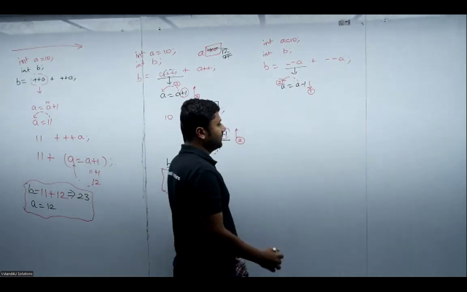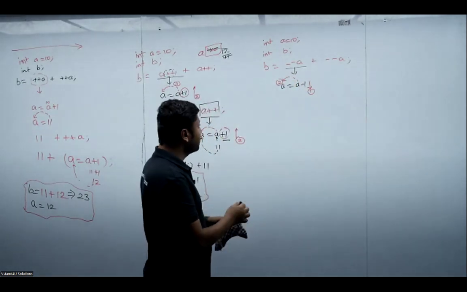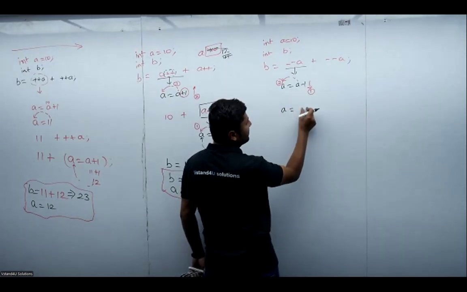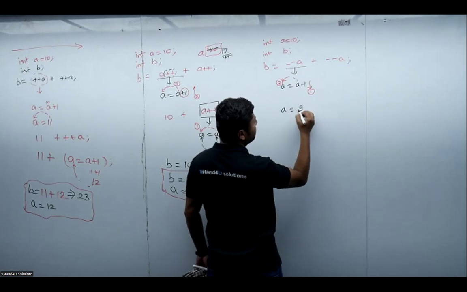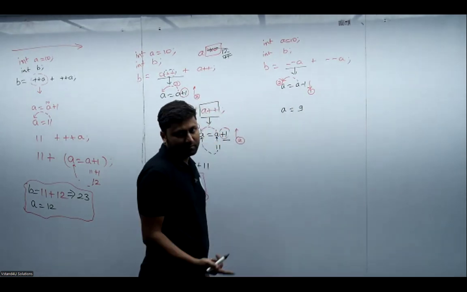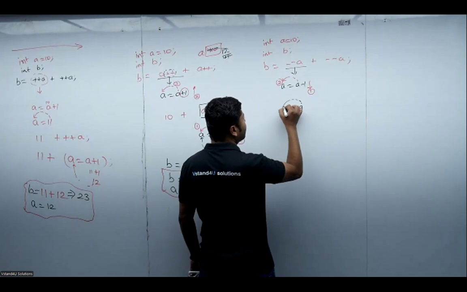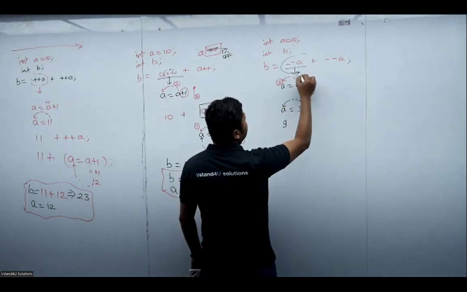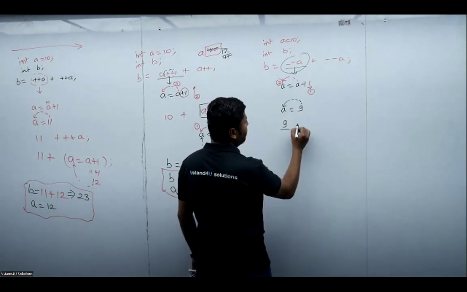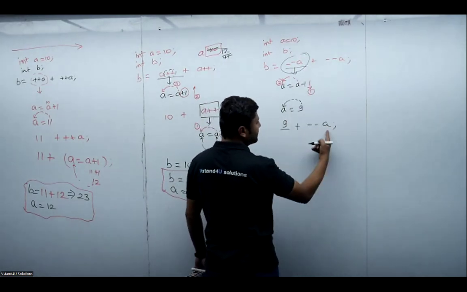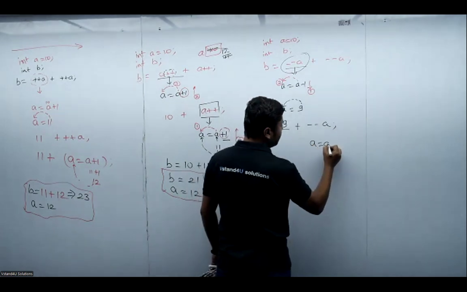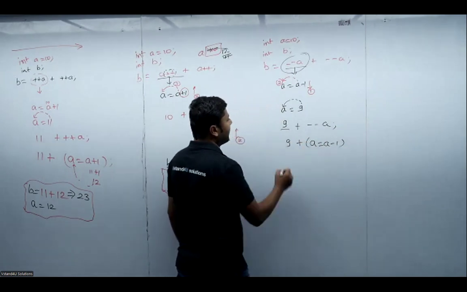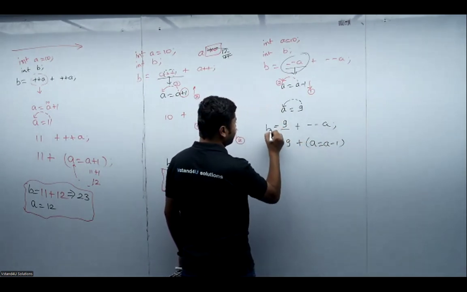Assignment is not happening yet. a minus 1 will be performed first, so it becomes 9, and this 9 will be further assigned. So this entire equation is nothing but 9 plus --a. For this --a, a equal to a minus 1, so 9 minus 1, and this assignment to b is always there.